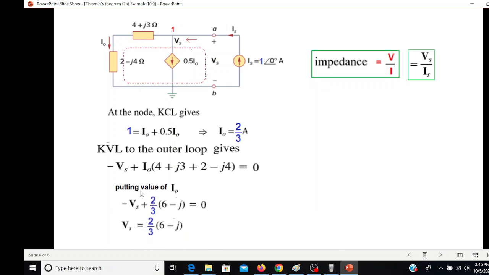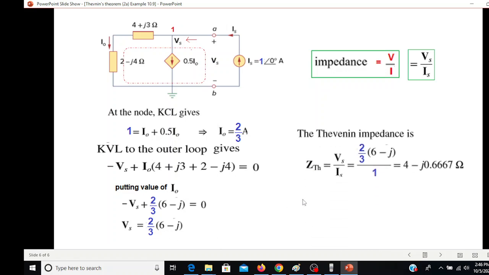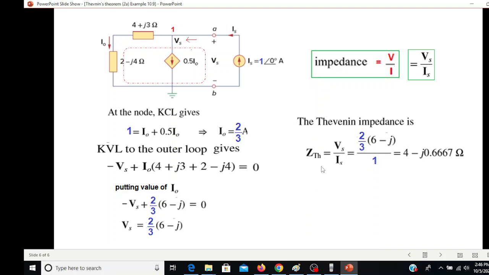And from here, putting the value of I0 in this, we find Vs to be 2 over 3 times (6 minus j). So Vs found, Z Thevenin can now be found by Vs over Is. Vs is this value here, Is is 1 ampere. So this is Z Thevenin. And so our equivalent circuit can be drawn like this, V Thevenin and Z Thevenin.